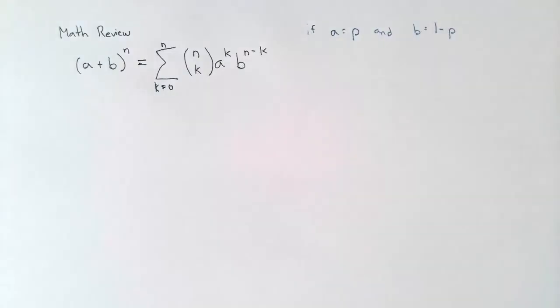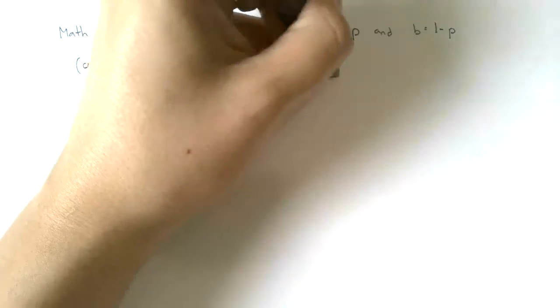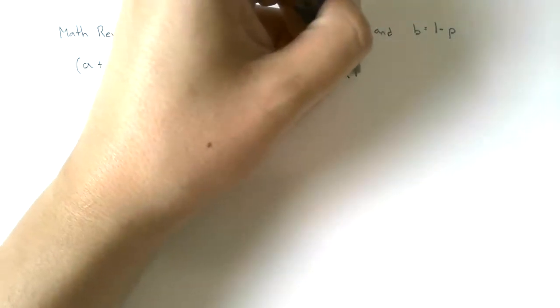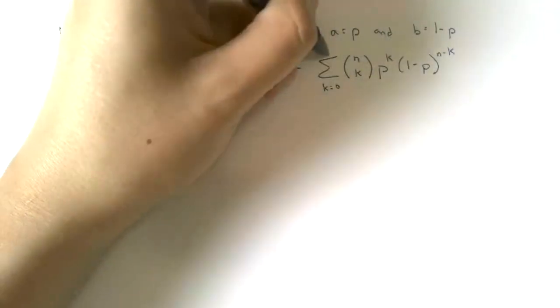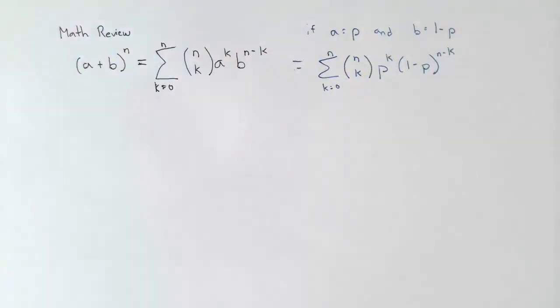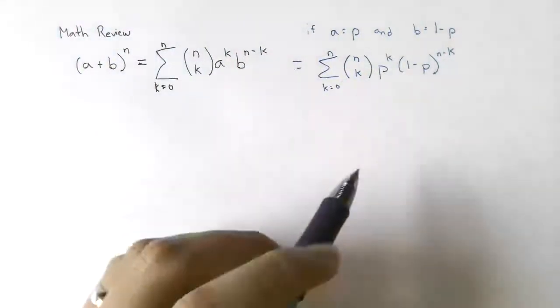So if A here equals P and B equals 1 minus P, then this equation will become N choose K, P to the power of K, 1 minus P to the power of N minus K, from K equals 0 to N. Now, remember, what's this saying?